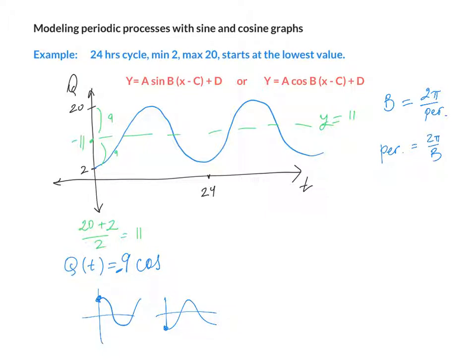But if you multiply both sides by b, or if you cross multiply, you're going to have b times period equals 2 pi. So if you divide by period both sides, you get b equals 2 pi over period. So they're just inversely proportional. You don't need to remember both formulas, you just remember that to get one, you need to take 2 pi and divide by the other.